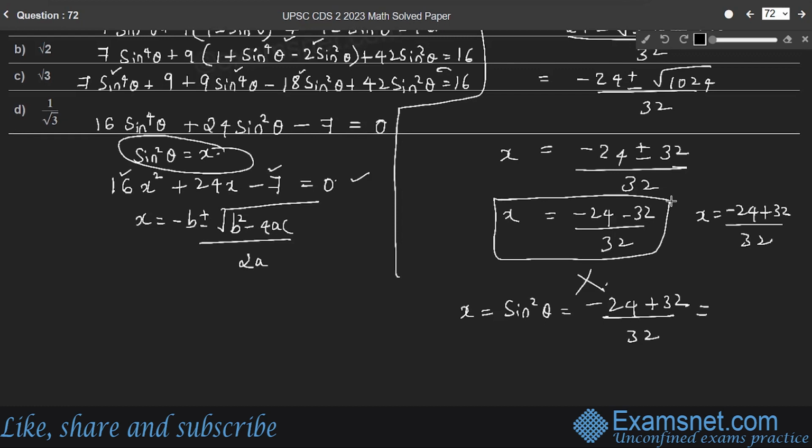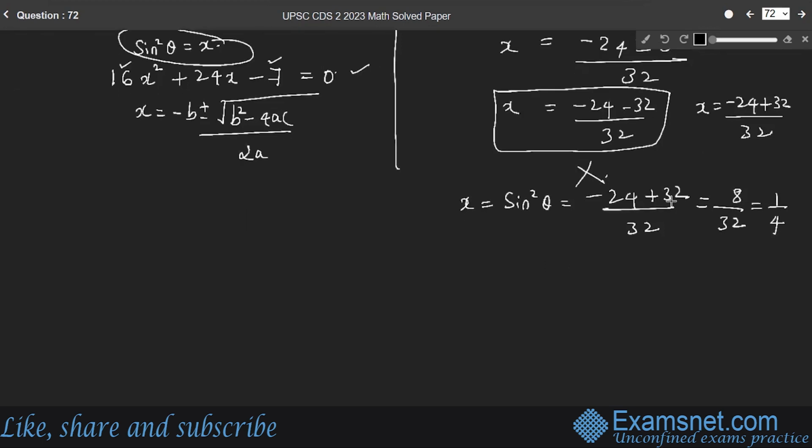Then what's the value here? So minus 24 plus 32 is 8 by 32. Therefore, 1 by 4 is sine square theta, right? We need value of theta now. Therefore, sine theta is square root of 1 by 4, which is 1 by 2.